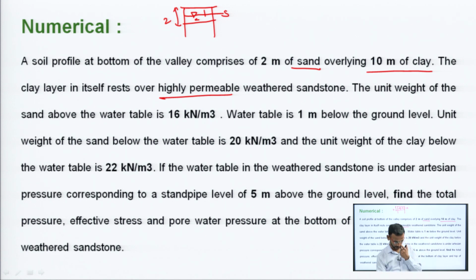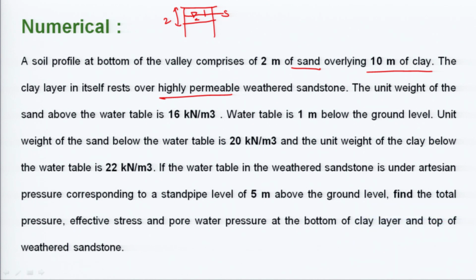We will be seeing this in the diagram. Now, the unit weight of the sand below the water table is 20 kilonewton per meter cube and the unit weight of the clay below the water table is 22 kilonewton per meter cube. So the different values for calculating the stresses are given to you in terms of the unit weight.